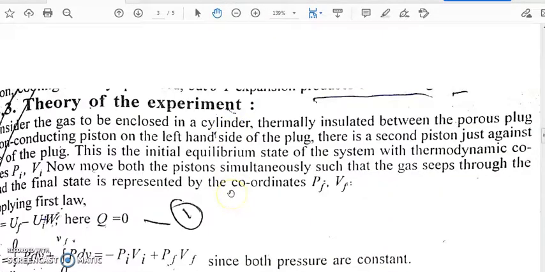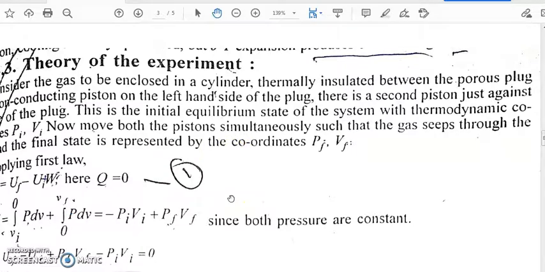Next there is the Joule Thomson coefficient. Okay, so an experiment was done for the Joule Thomson coefficient. You keep a gas in a cylinder and keep it thermally insulated, with a plug of non conducting material, and a non conducting piston through which heat cannot pass, on the left hand side of the plug, and a second piston against the other side of the plug.